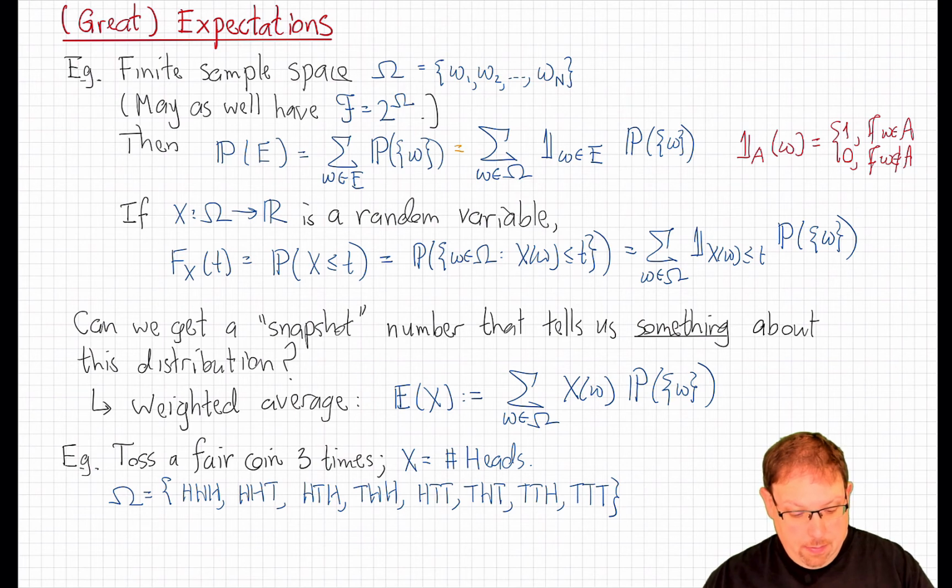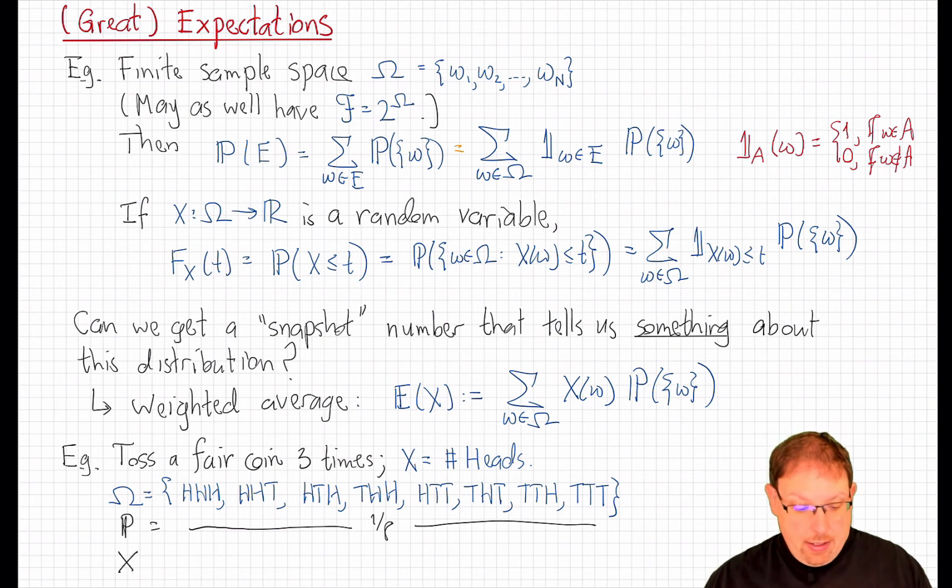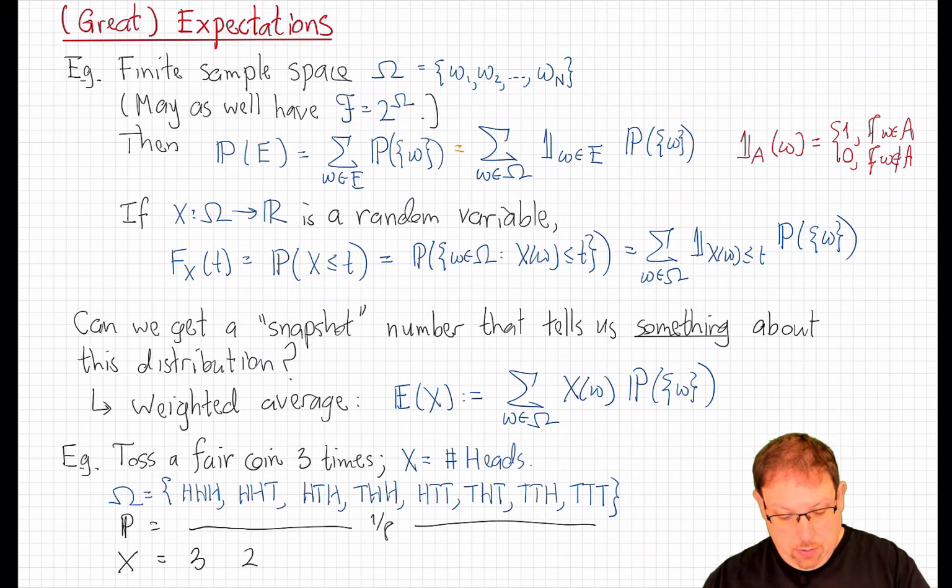And each of them has probability 1/8. Now, let's consider our random variable X, the number of heads. Here we can write the values corresponding to each outcome. We have 3, 2, 2, 2, 1, 1, 1, and 0.